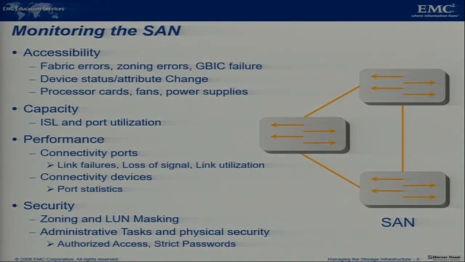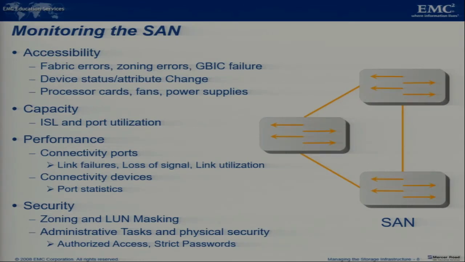Monitoring the SAN. You have multiple switches connected to each other, which is called a storage area network, and to all these switches there are different components attached which communicate with each other. So what is meant by accessibility? When you talk about a storage area network, there is also something called a fabric, which we have discussed in the previous lectures.